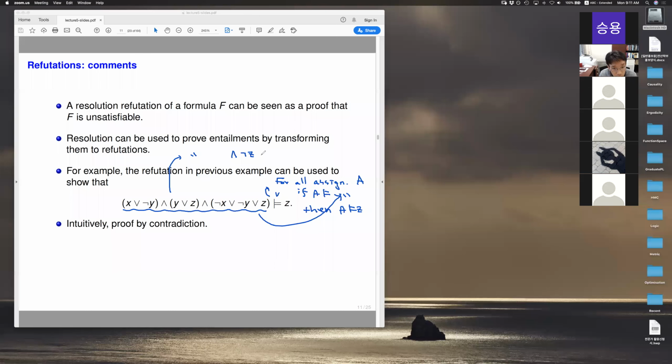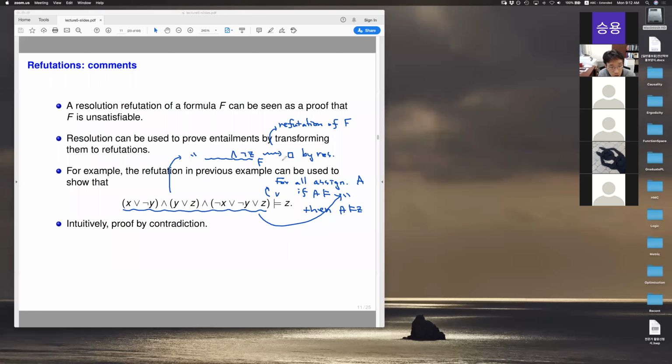And then if you can derive a box from this formula F by the resolution proof system, in our terminology, if we have a refutation of formula F, we will soon show that if you can prove a box using the resolution proof system, that implies the formula is unsatisfiable.